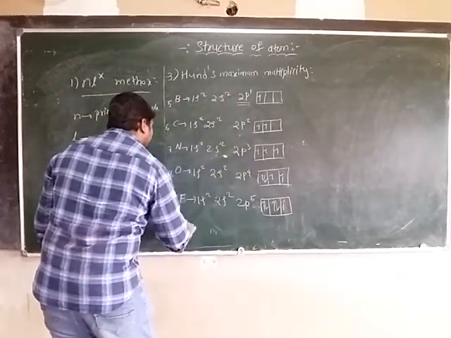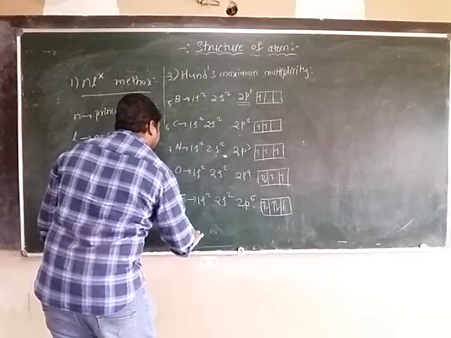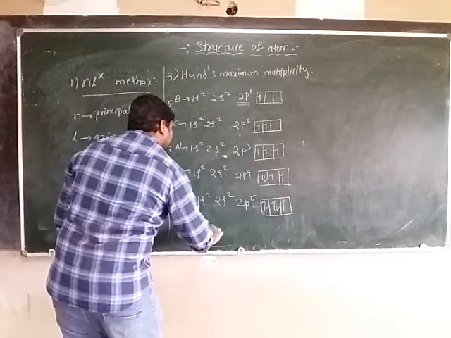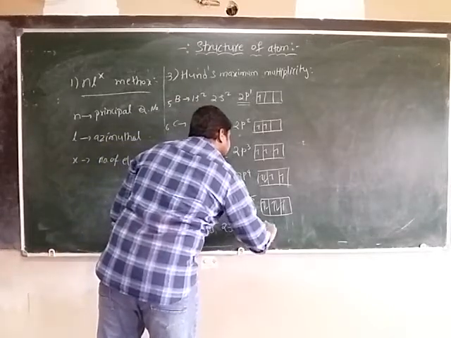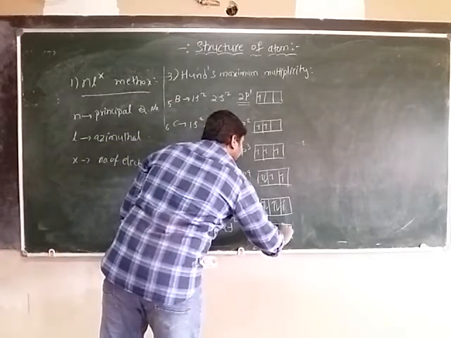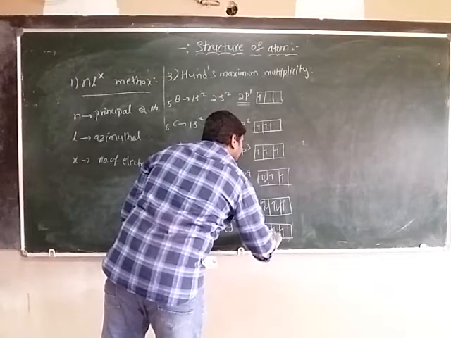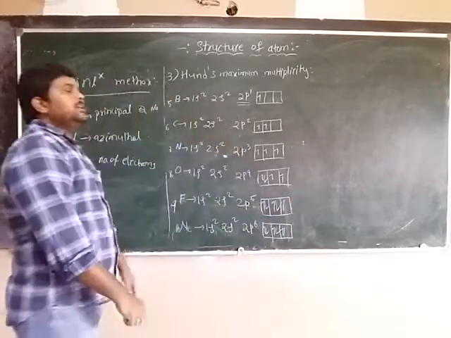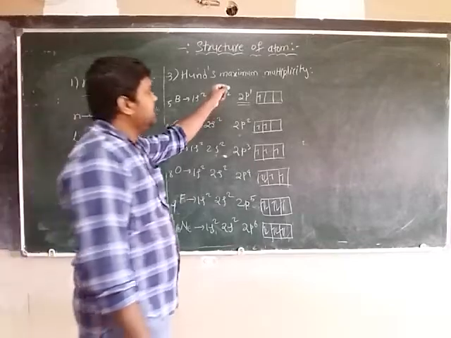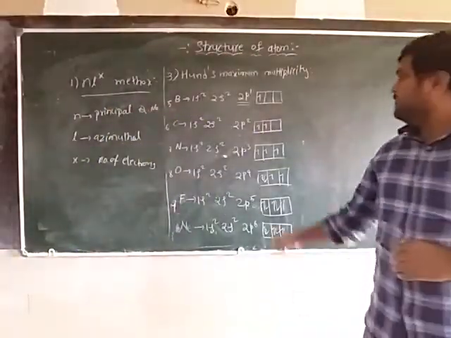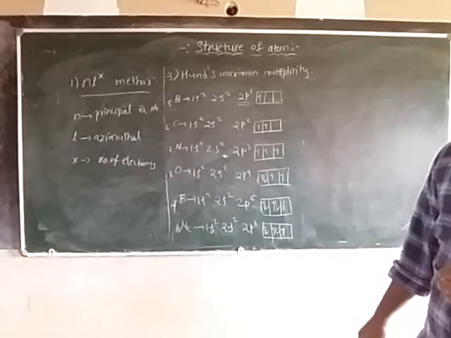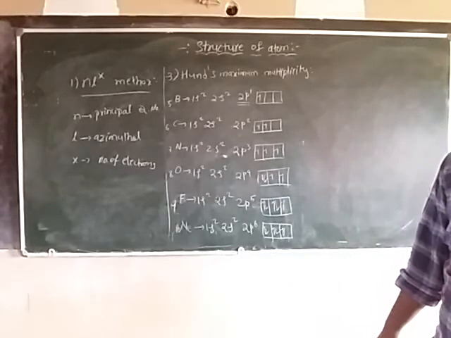Next, neon, atomic number 10, 1s2, 2s2, 2p6: 1, 2, 3, 4, 5, 6. Each electron fills in each orbital first, and after filling that, only then the pairing occurs. This is Hund's maximum multiplicity rule.